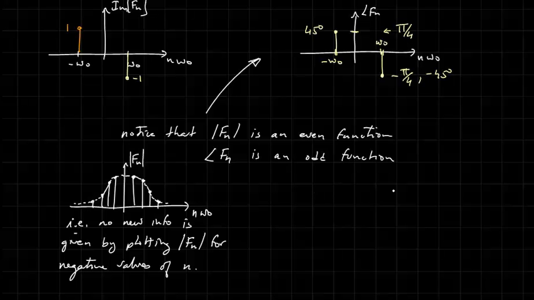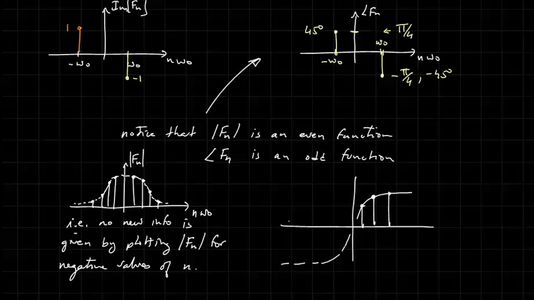And in fact, the same thing can be said of the phase. Let's say it's something that looks like this, right? So we'd have discrete lines here, discrete points, I should say.